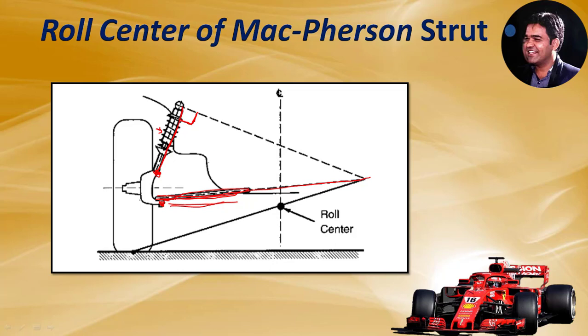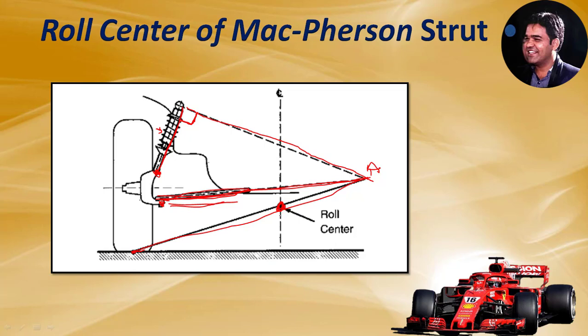The point at which this line intersects the line passing through the lower arm, you can consider as point A, the instantaneous pivot point. The line which joins the contact patch center with this pivot point, where it intersects the vehicle's center line, gives the roll center for the MacPherson strut type suspension.